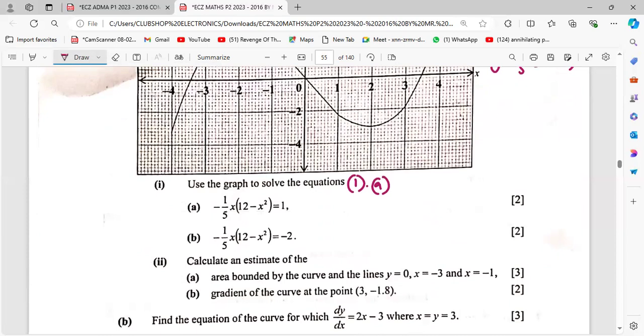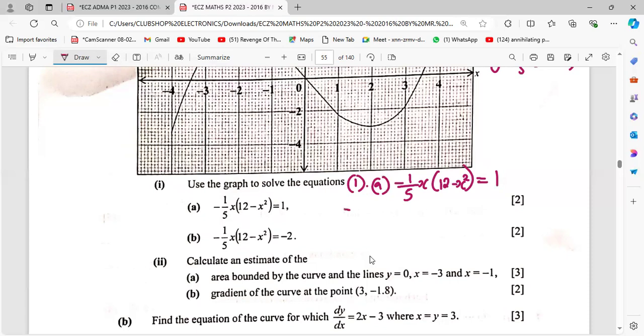Use the graph to solve these equations. Negative 1 over 5x, open bracket, 12 minus x squared, close the bracket, is equal to 1. Are we there? Yes, sir.